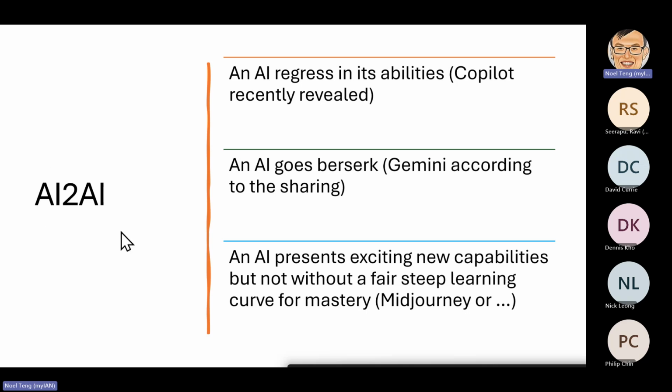Essentially, I'm going to walk you through how I use one AI to make another AI do a better job, even use one AI to create advanced prompting for another AI. So that's AI to AI, AI helping AI.